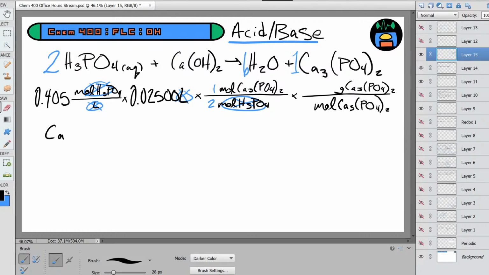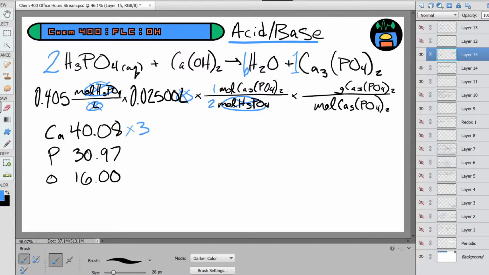Busting out my periodic table. So we've got calcium, which is 40.08. Phosphorus, which is 30 something, around 31. Yeah, 30.97. Oxygen, 16.00. But we have 3 calcium, 2 phosphorus, and 8 oxygen. This molecular weight is going to be gigantic.